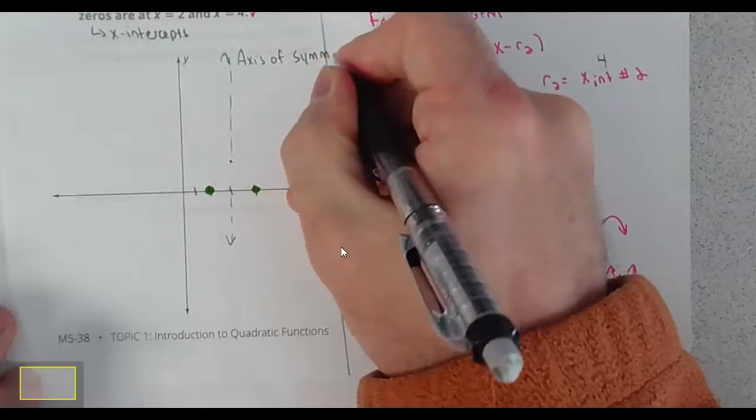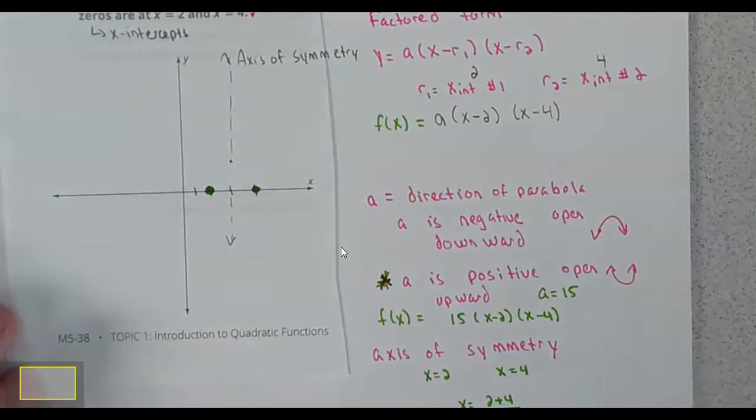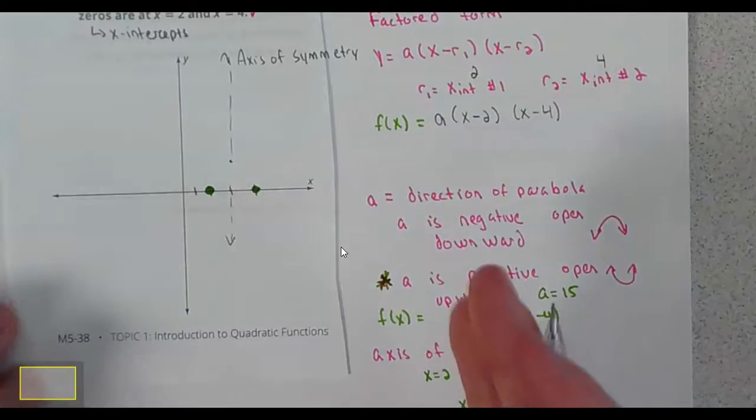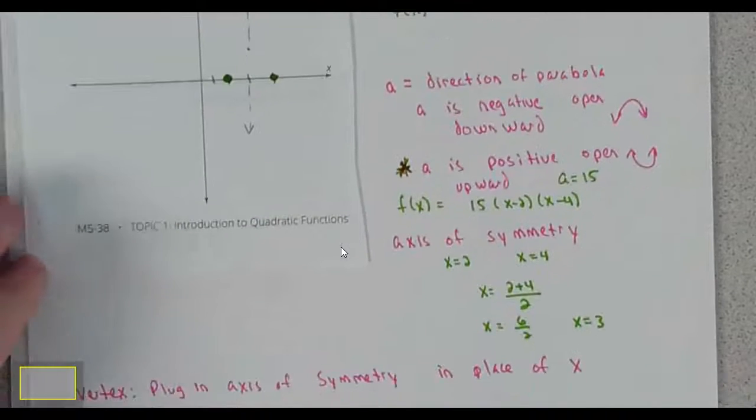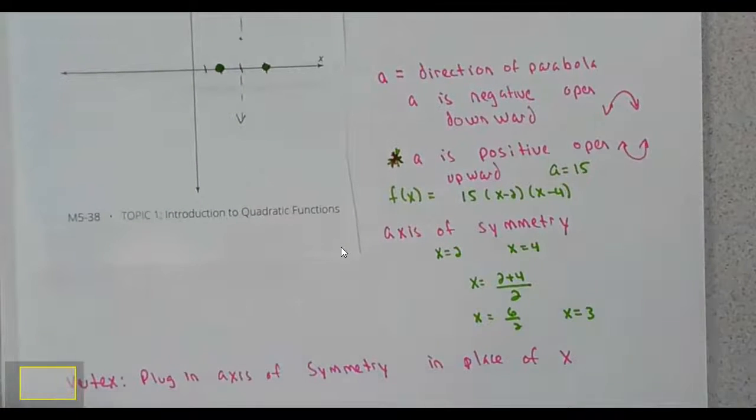So what do I know about my axis of symmetry? I know that my vertex is on my axis of symmetry. So I'm going to plug 3 into the equation that I came up with to find out what my vertex is. My equation so far is f(x) equals 15 times (x minus 2) times (x minus 4).